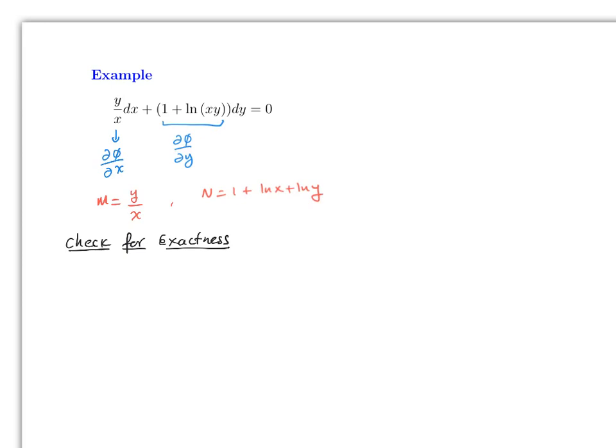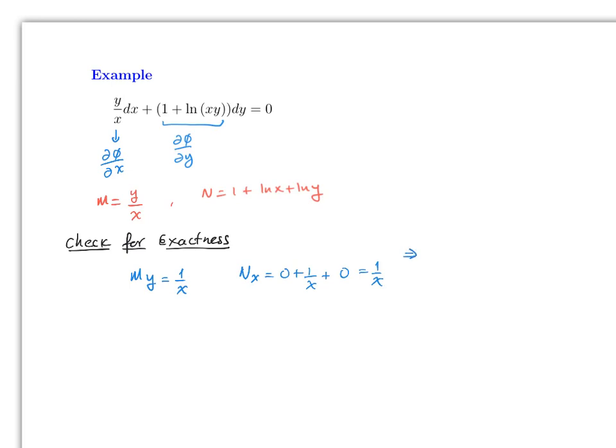So the derivative of M with respect to y is equal to 1 over x, and the partial of N with respect to x is equal to 0 plus 1 over x plus also 0, which is 1 over x.